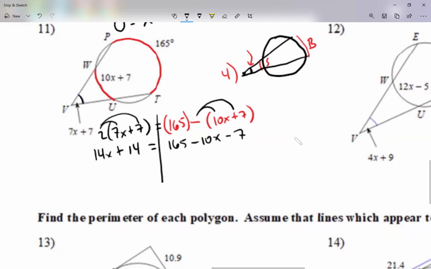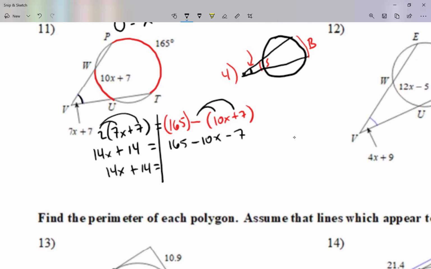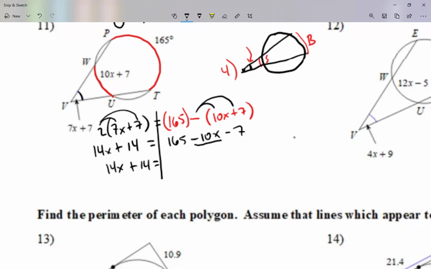Now let me combine like terms. On the left side, nothing I can combine. So 14x plus 14. Cannot combine them because one of them has an x, the other one does not. Now on the right side, I see the terms that have an x. There's a negative 10x.